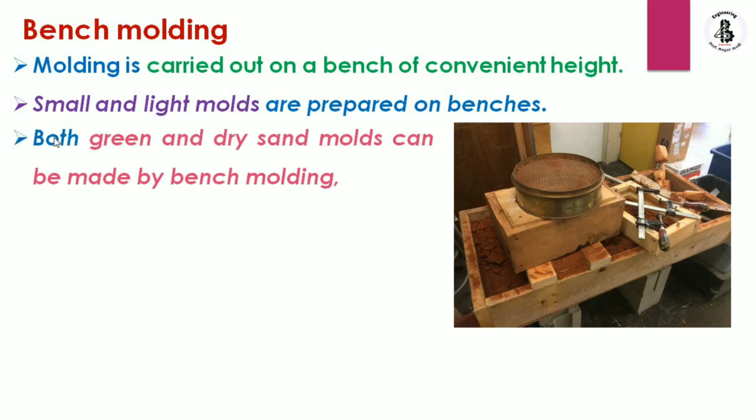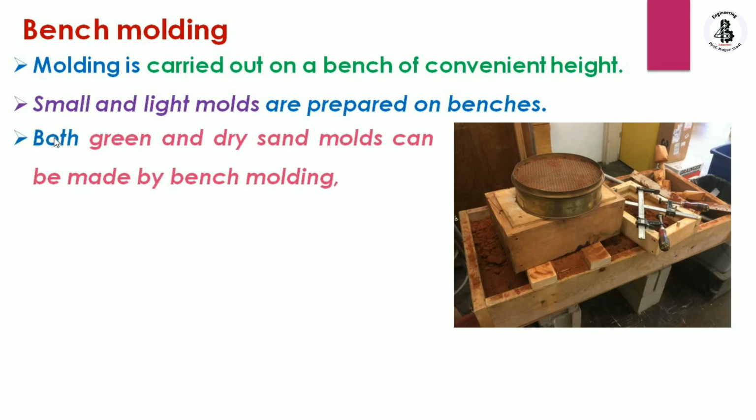You can see that this is a kind of bench arrangement, and on it there are the cope and drag, and sand is filled into the cope and drag on the bench. Various other instruments are used for making a sand mold.